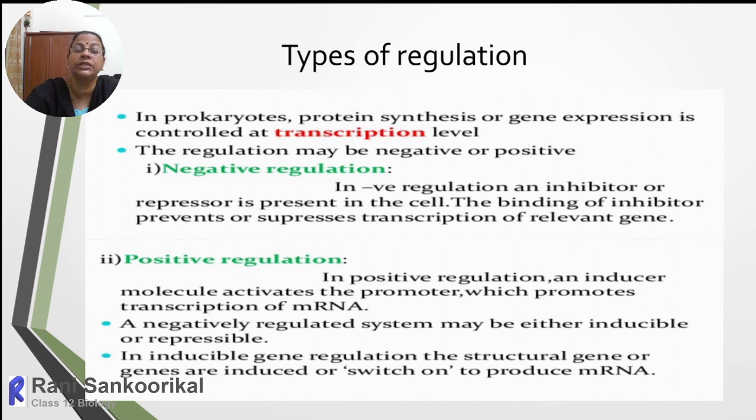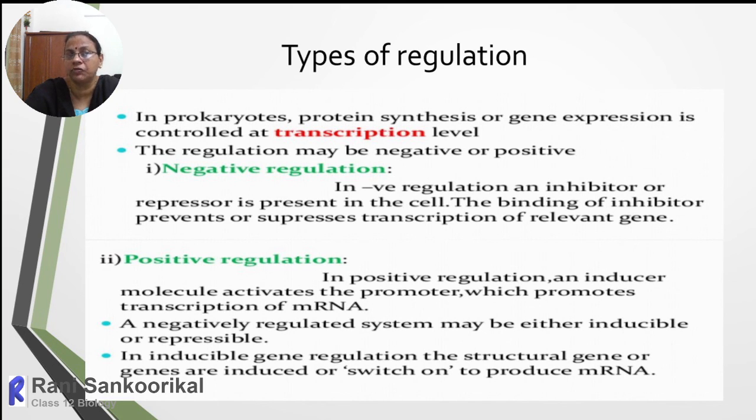The repressor binds with the operator and switches it off, so that the promoter cannot bind with RNA polymerase and transcription cannot take place. The structural genes will be in the non-expressed condition. So no mRNA production, no protein production.